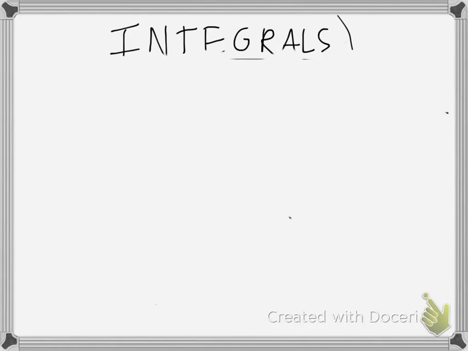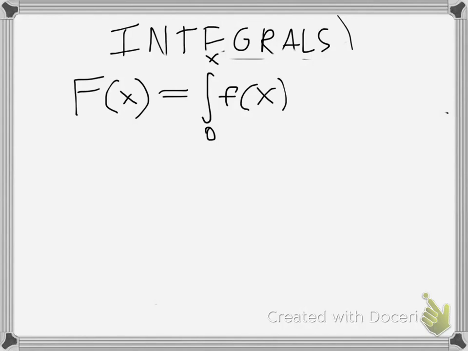So now we're going to go over something called the fundamental theorem of calculus. So what we do is we define capital F of x to be equal to the integral from 0 to x of f of x.